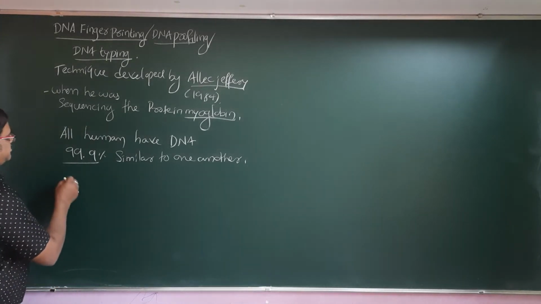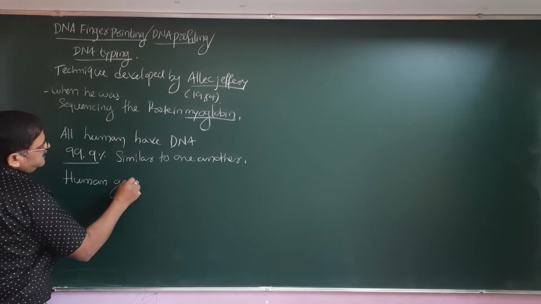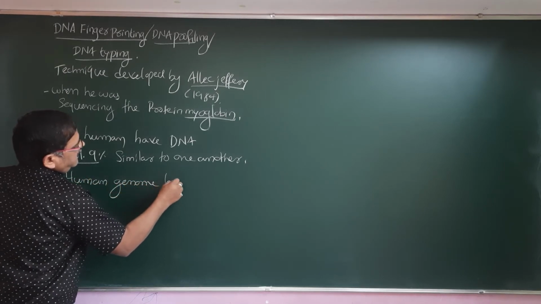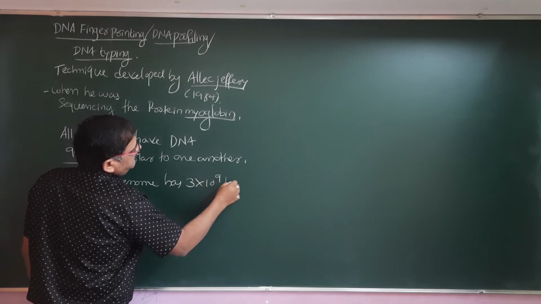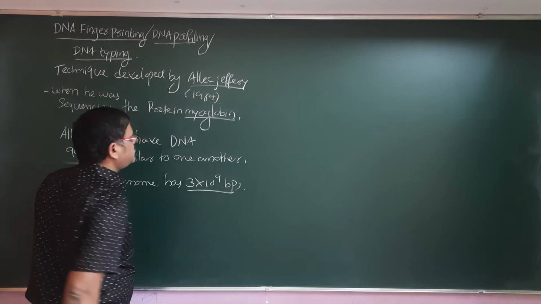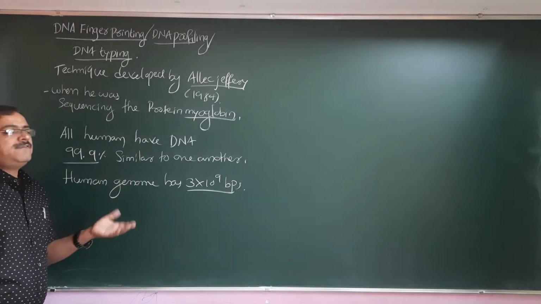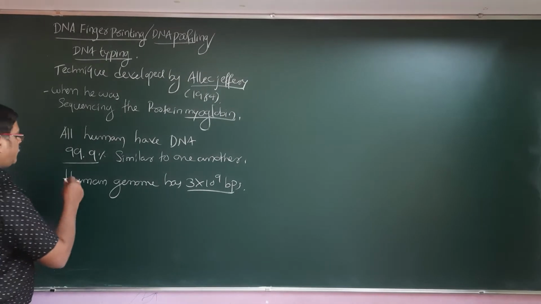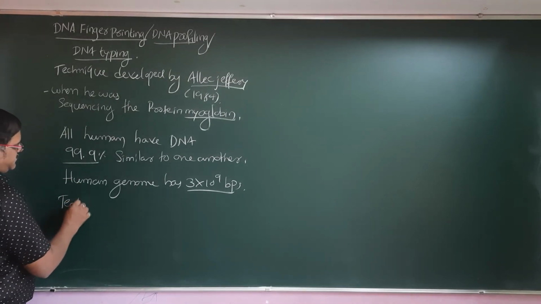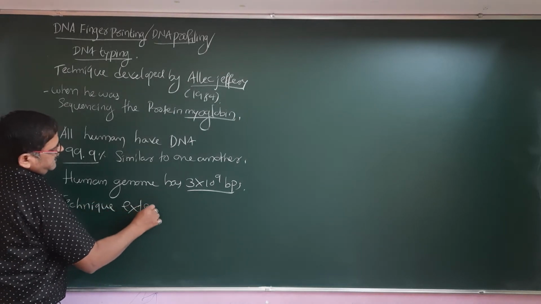The human genome has 3 into 10 raised to 9 base pairs, and among this huge number of base pairs we identify the variation from person to person.